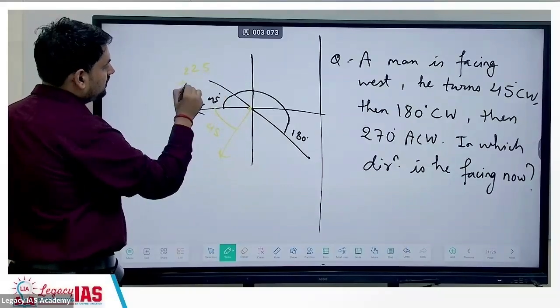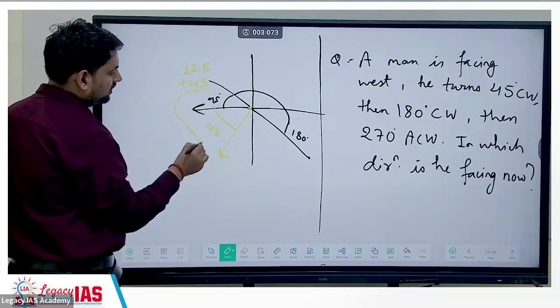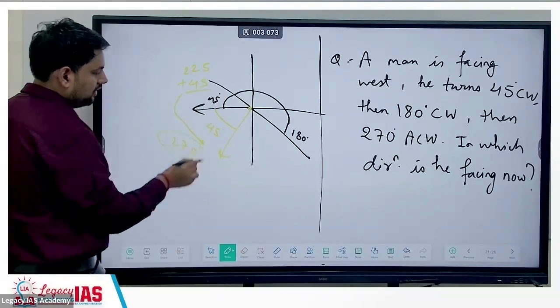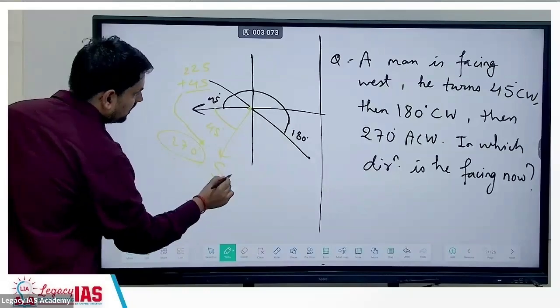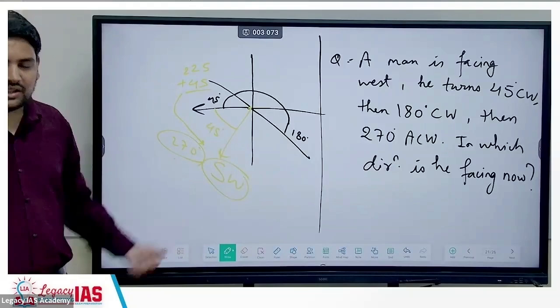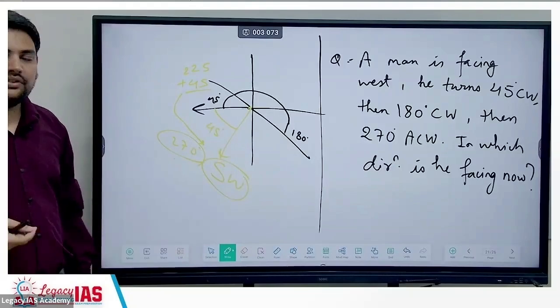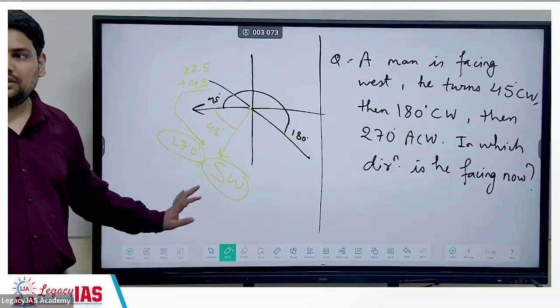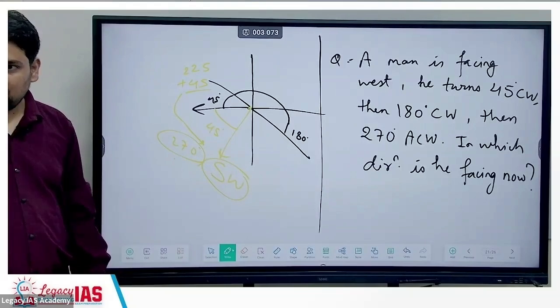This becomes 270 degrees. So he'll eventually reach southwest. Understood? But this much we won't be doing. What we will be doing is what I'm going to tell you now. Understood this much? Okay.